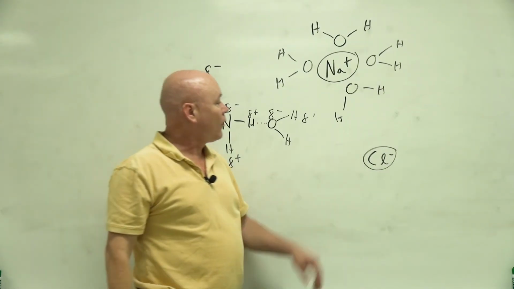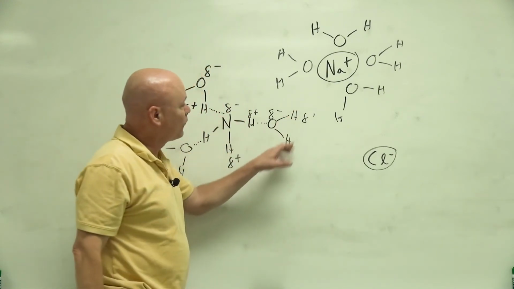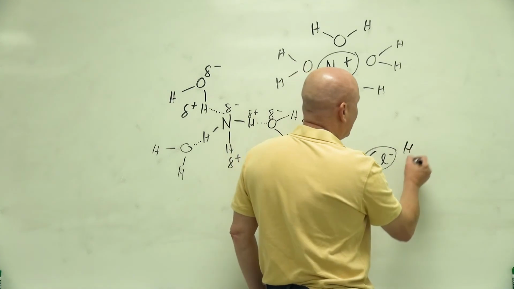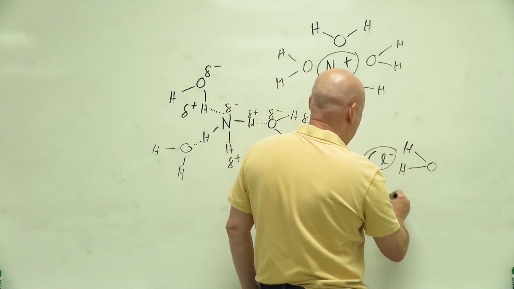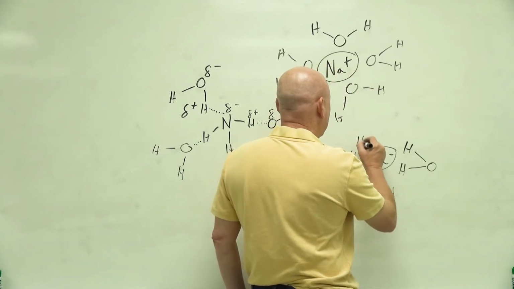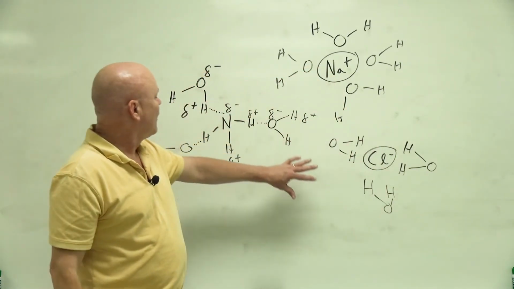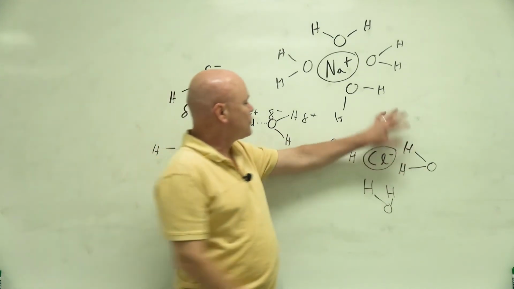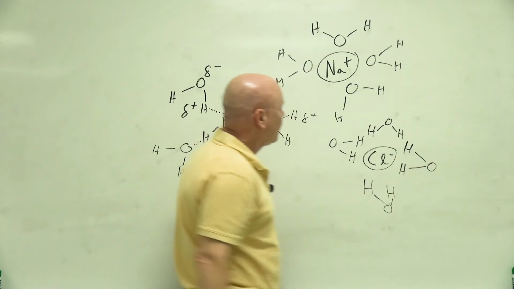Now the same thing's going on over here, except the tails of the water molecule, which are the hydrogen ends, which are partial positive, are going to be attracted to the chloride. And so the hydrogens on these waters are attracted to the chloride, making once again, like we did over here with the NH3, a three-dimensional cage around that chloride.